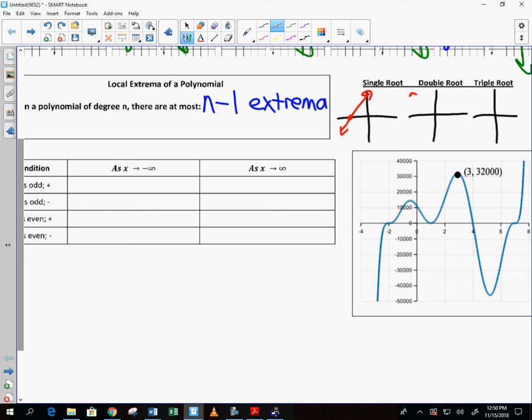When it has a shape like this, we call that a double root. Can anybody tell me how we could remember that that shape produces a double root? Looks like a parabola. What do you think a triple root will look like? It'll look like that cubic type shape. Single root, double root, triple root.